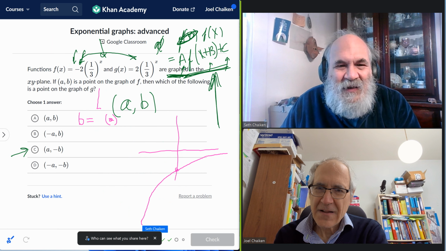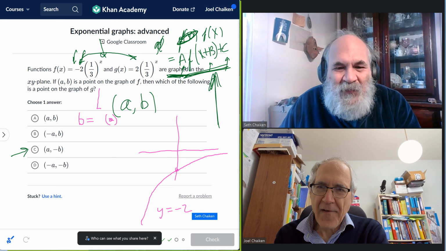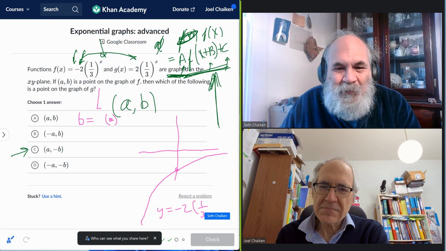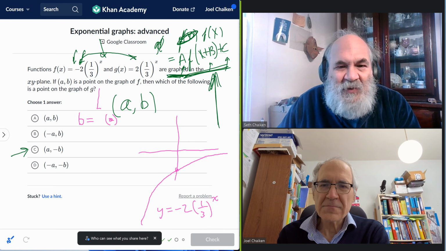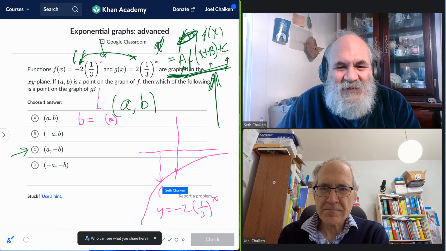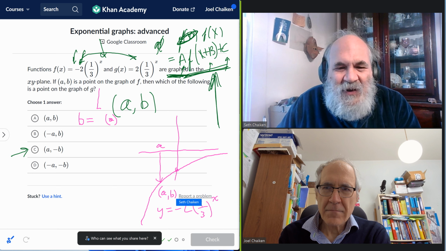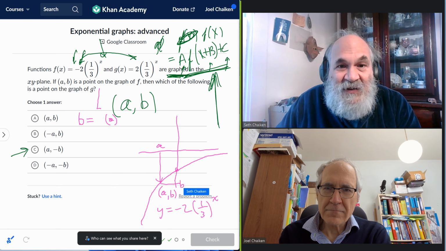So this is y equals -2 times a third to the x. And you just flip it over. Just take a given value here: a on the x-axis, b on the y-axis, and then minus it.